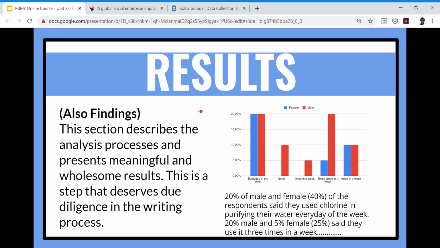Then you move to the evaluation methodology, then the results, which could also be the key findings. From your results you have the conclusion, and from the conclusion, the recommendations.